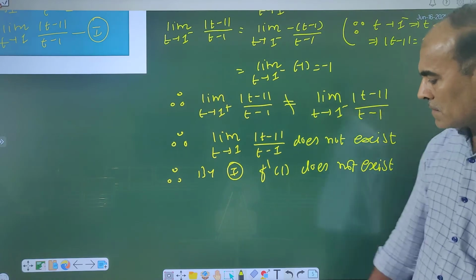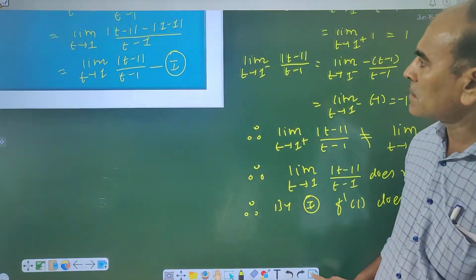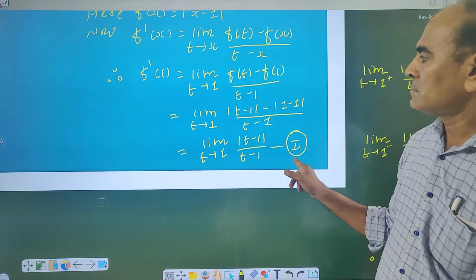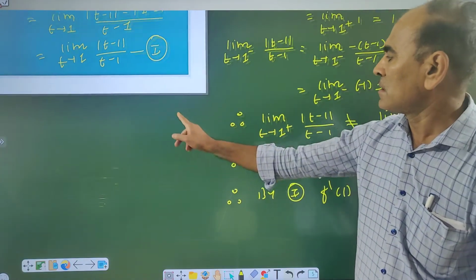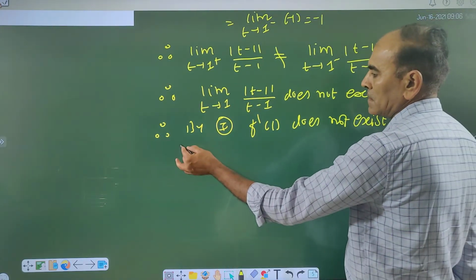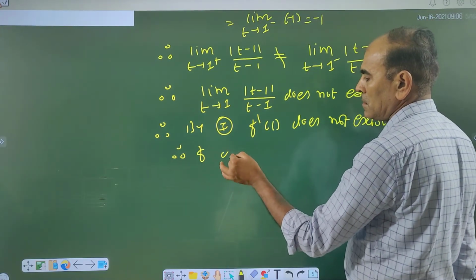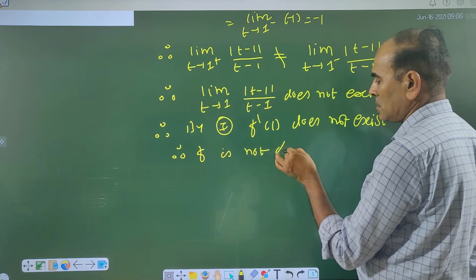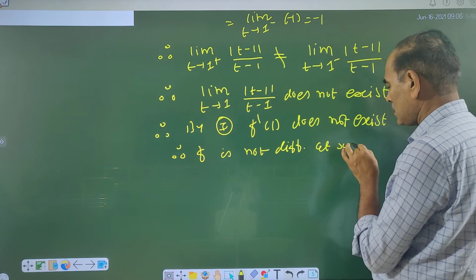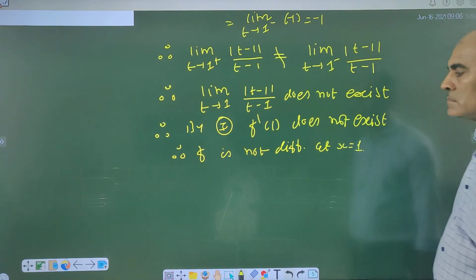See, in result number 1, that is equal to f dash 1. f dash 1 does not exist, so what? And therefore f is not differentiable at x is equal to 1.